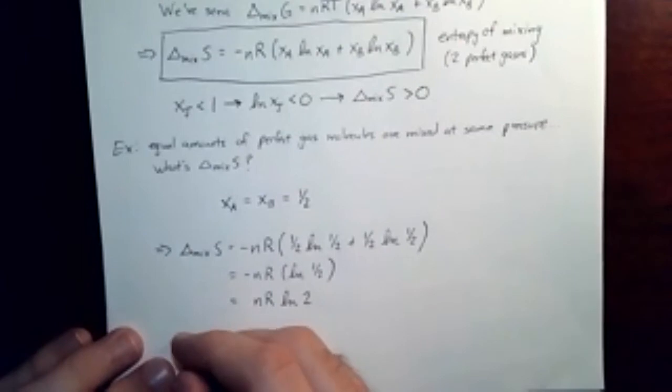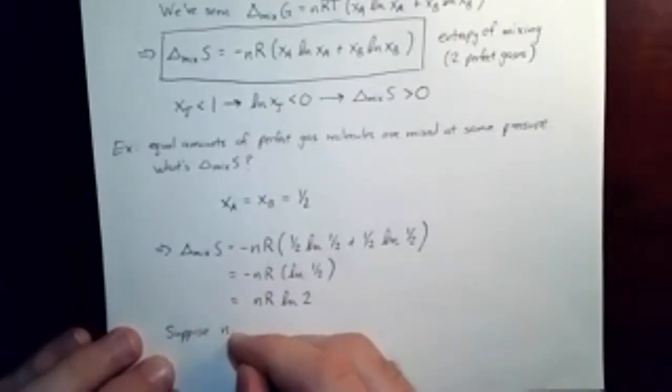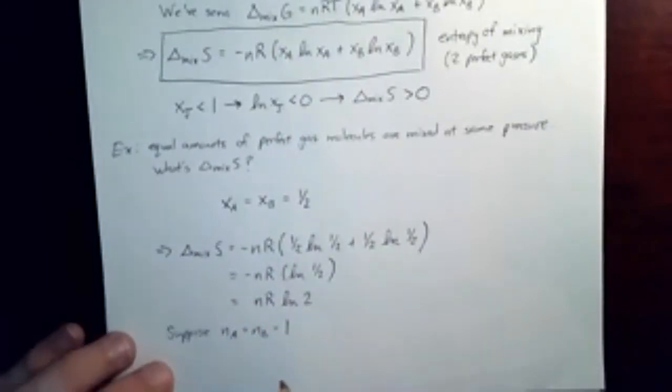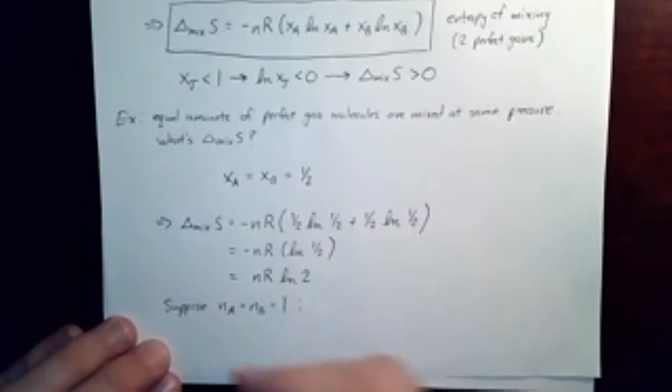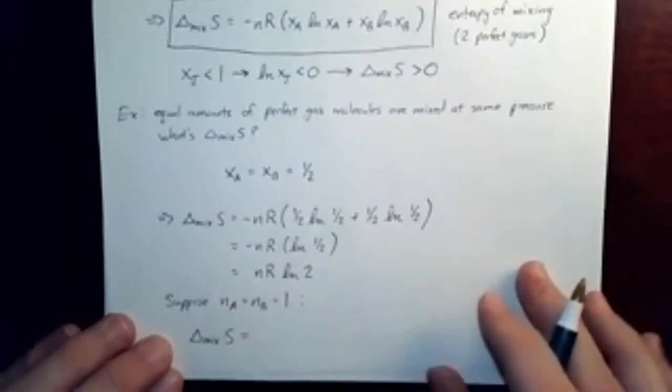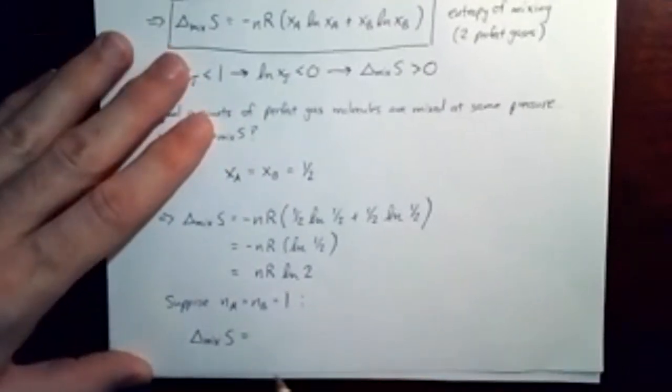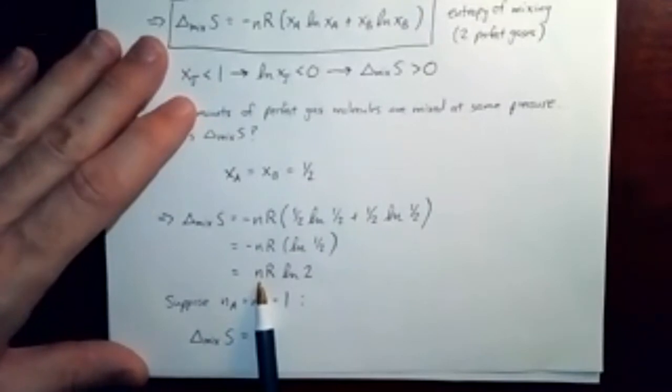So let's say we had 1 mole of each gas. All right, then the entropy of mixing is, this N is the total number of moles, right?